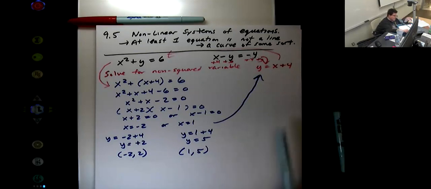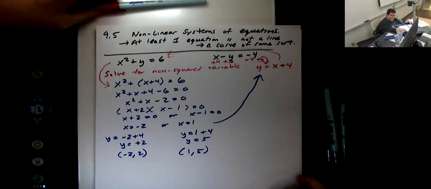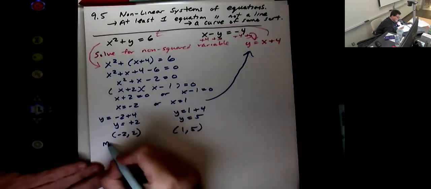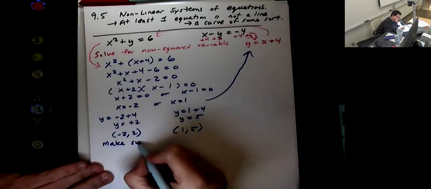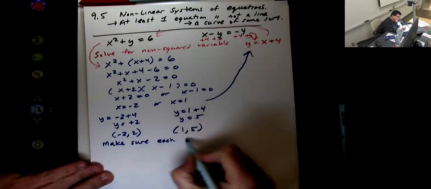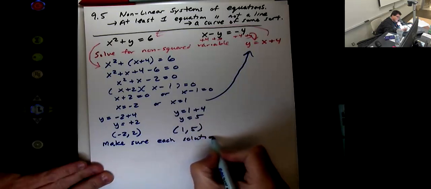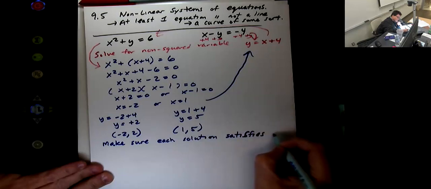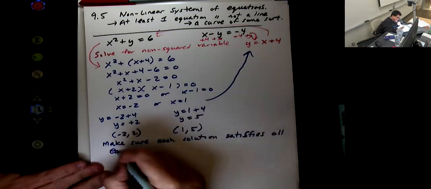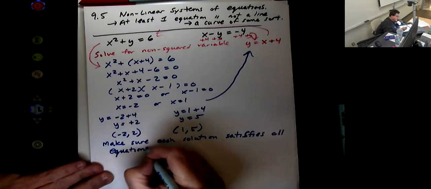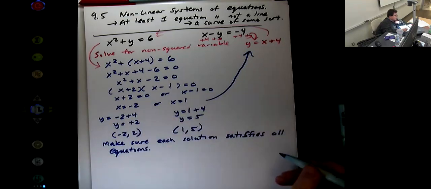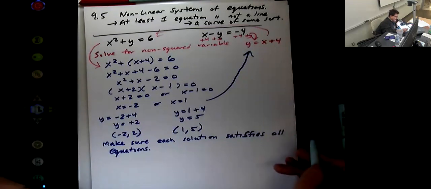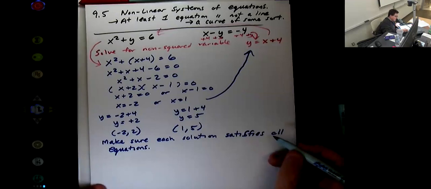What you really want to do once you have these is make sure each solution satisfies all equations. It's a good idea to do this with the linear equations as well, just to make sure you didn't make a mistake. When you have nonlinear things, it can introduce errors.